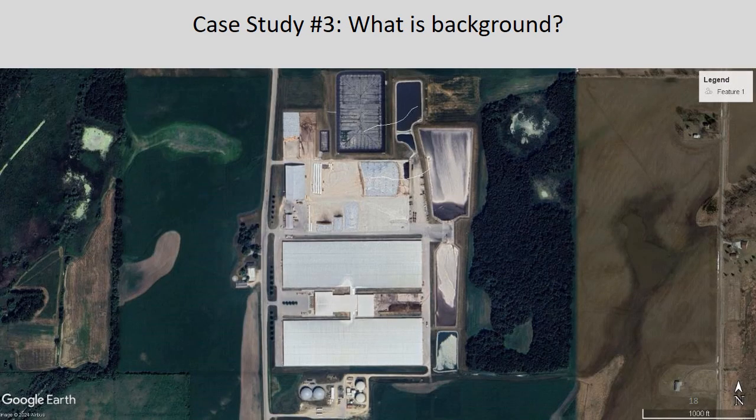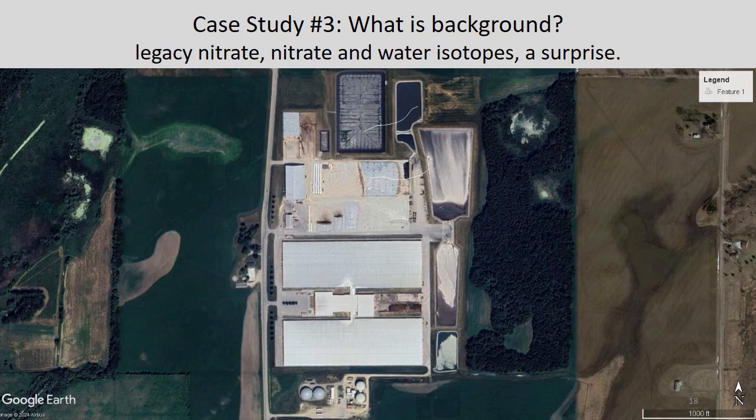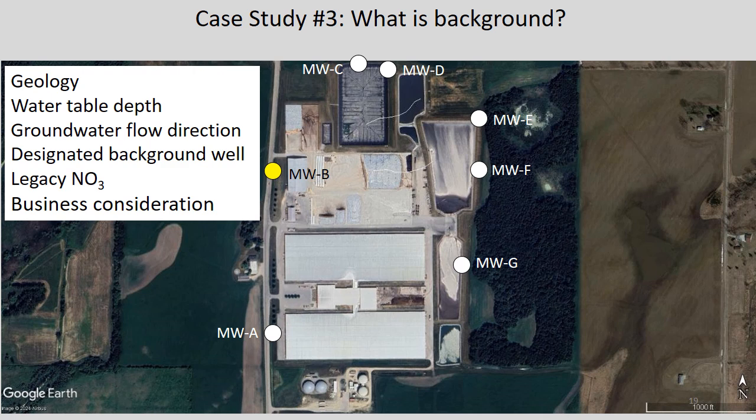The final case study, case number 3, is another commercial dairy. We're going to talk about legacy nitrate, nitrate and water isotopes, and a surprise in this one. So the geology here is a little bit different. It's glacial till that's maybe 10 to 15 feet thick over bedrock.